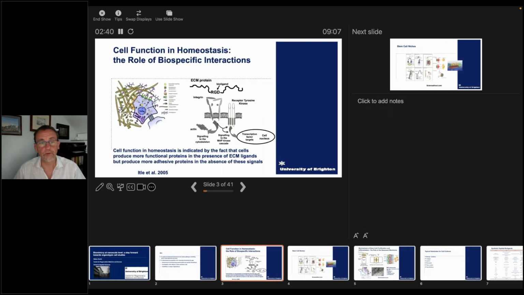So in terms of introduction, just for the sake of tuning our brains on the same wavelength, I would like to remind you that the cell phenotype relies very much on the ability of the cells to recognize their own extracellular environment, and that this interaction is obtained through receptors.